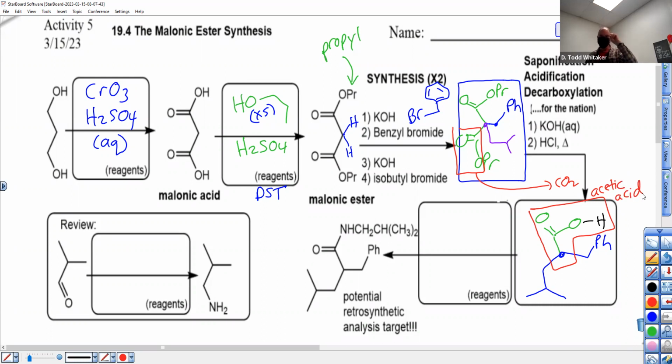Therefore, you know you had to do the malonic ester synthesis because it always makes an acetic acid with 2 new R groups alpha. Isn't that exactly what's in this box? The acetic acid's in the red box. The other parts are 2 new R groups attached to acetic acid's alpha position. And that is the calling card for a malonic ester synthesis.